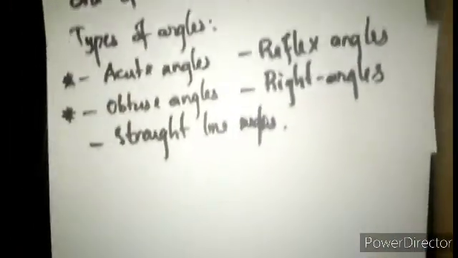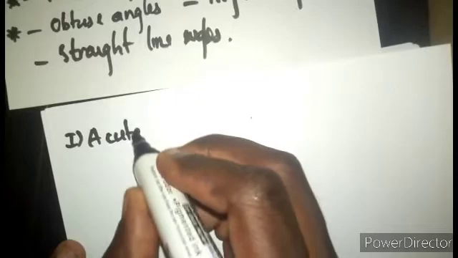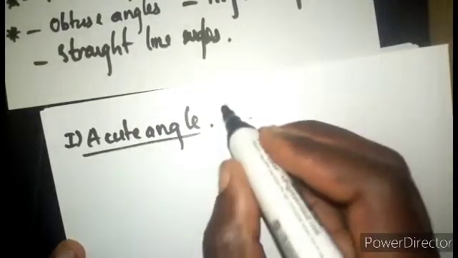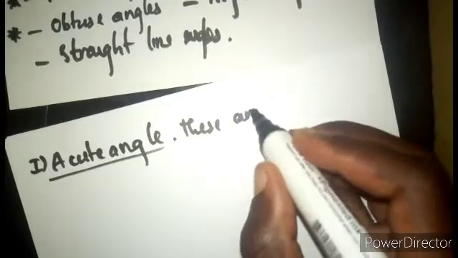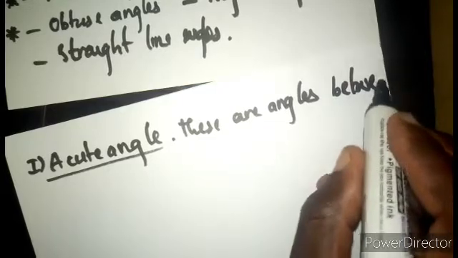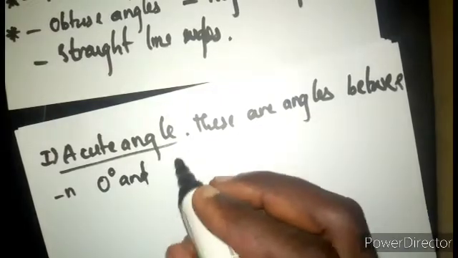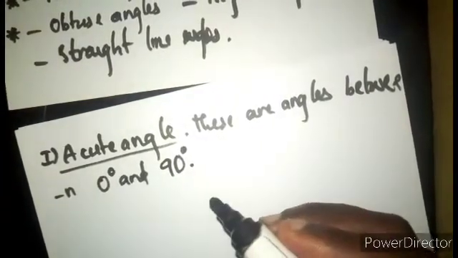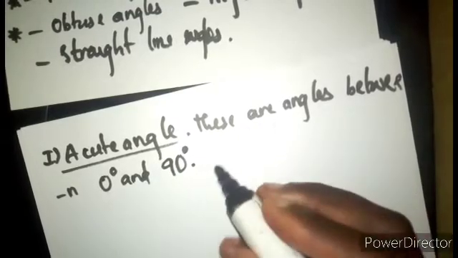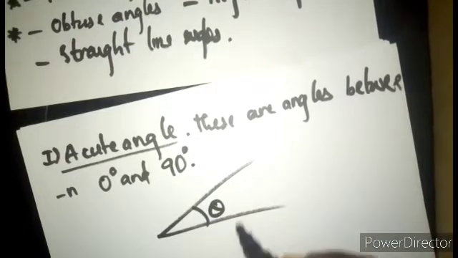So we'll start with the acute angle. What are acute angles? These are angles between 0 degrees and 90 degrees. Angles between 0 degrees and 90 degrees are called acute angles. To demonstrate this, we are looking at angles like this, theta.